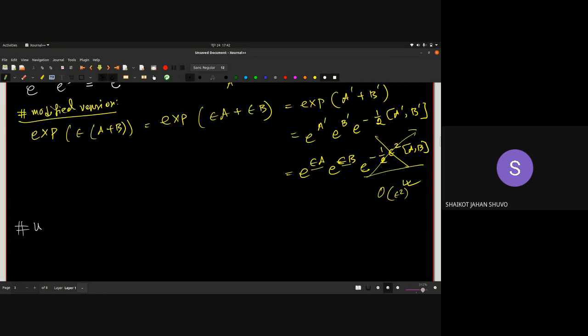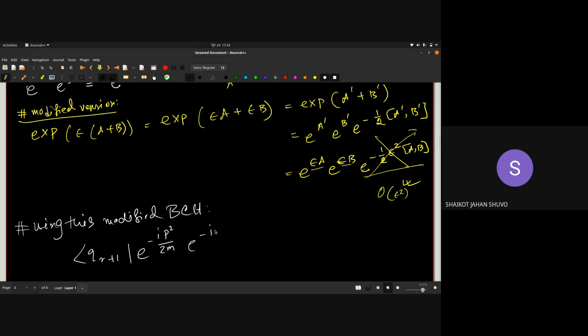Using this modified BCH, we can write q bar plus 1 e to the power negative i p squared by 2m e to the power negative i v of q. And please don't get confused, these are all operators, p, q, v, all operators, okay, for now.